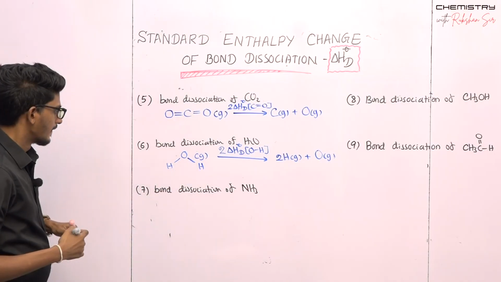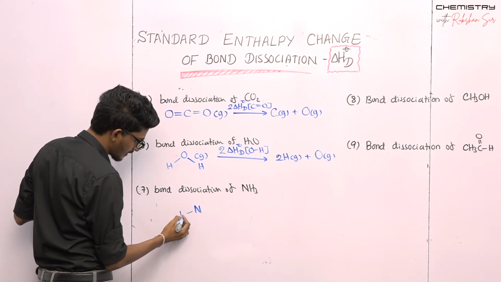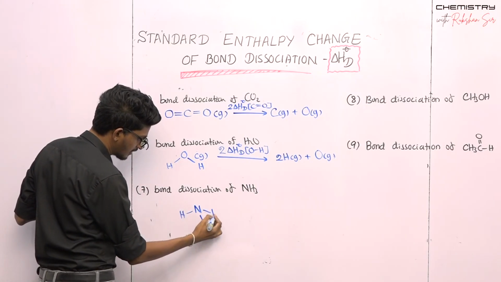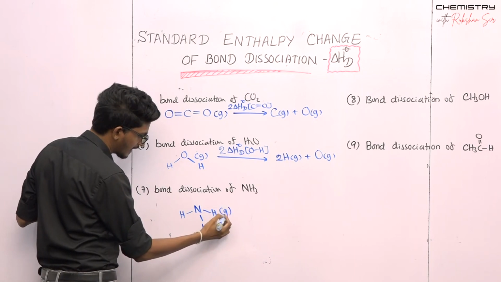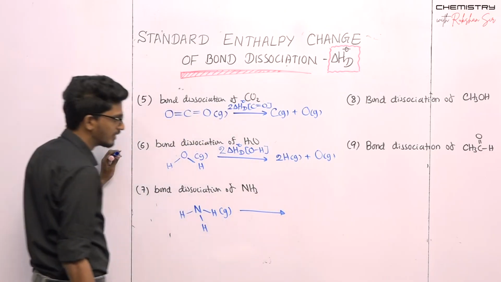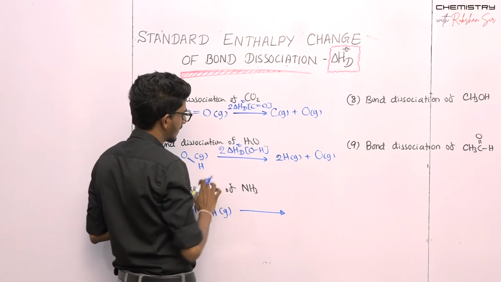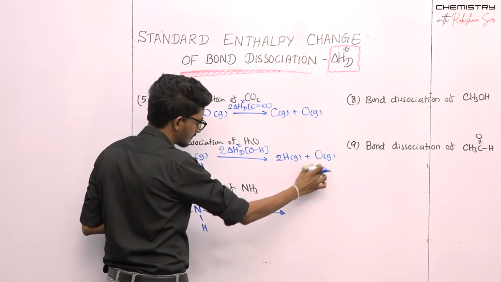For NH3, it appears like this. NH3 also should be in the gaseous form if you are considering bond dissociation. So bond dissociation involves only gaseous states. All the terms appearing with the bond dissociation belong to the gaseous state.